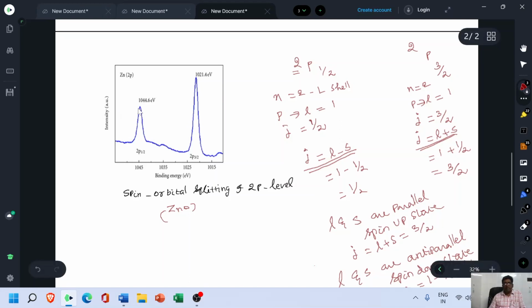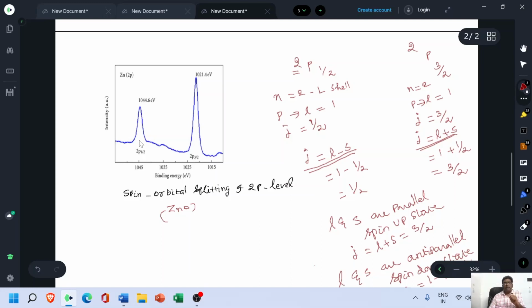So the intensity of the p peak corresponding to the 2p 1/2 state is always lesser than the intensity of the peak corresponding to the 2p 3/2 state. There are 2 points we have to keep in mind. One is that the binding energy corresponding to the spin down state is always greater than the binding energy corresponding to the spin up state.